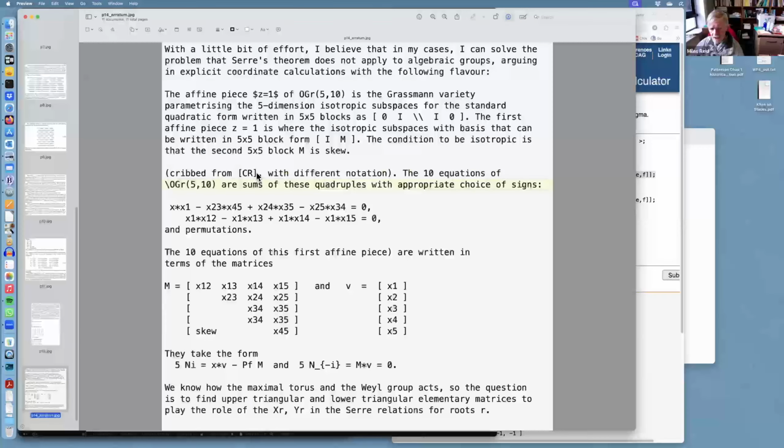I think it's referred to on the poster for the lecture series. Yes. So here I'm writing down 2 particular ones of the 10 spinor equations, right? And then you just have to permute them around by 1, 2, 3, 4, 5, right?